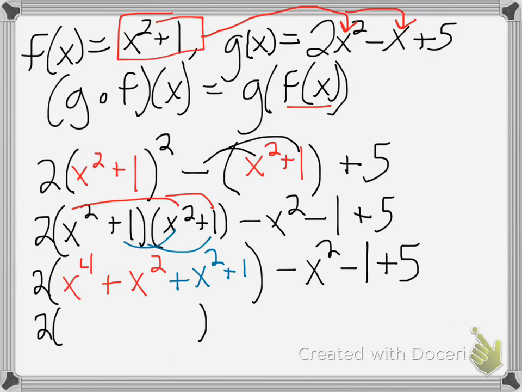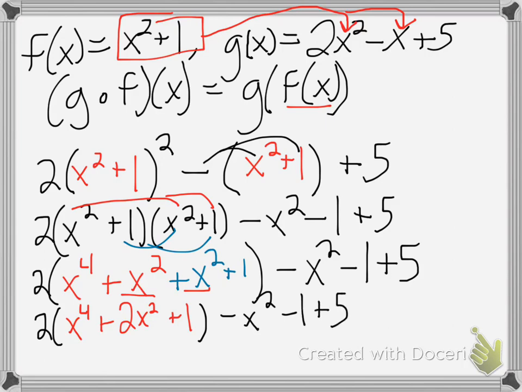All right, so now open up this parentheses again, and now let's simplify what's inside the parentheses. Inside the parentheses, there's only 1x to the fourth, so I bring it down. X squared plus x squared, that's going to give me plus 2x squared plus 1. Okay? Then on the outside, minus x squared minus 1 plus 5. Okay?